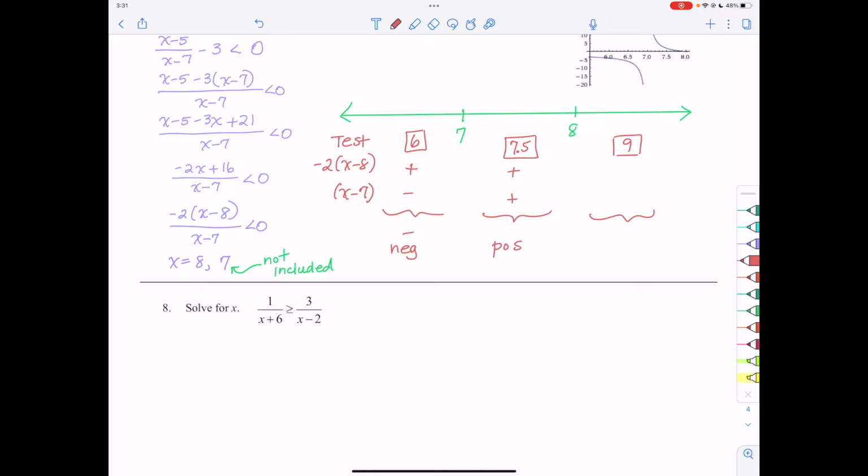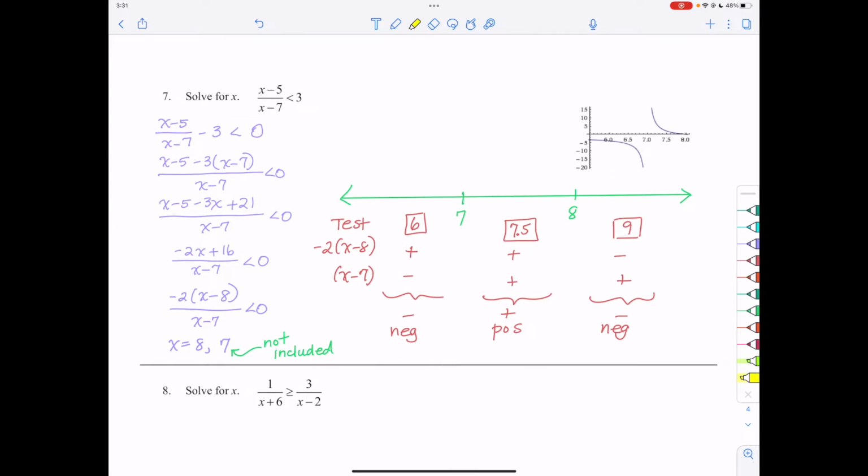And then let's plug 9 in there. Positive, but times a negative 2 is a negative. And a positive, and we have another negative. Okay, what were we looking for in the beginning? Less than. So we need these intervals where this is negative. And remember, we do not want to include 7. So 7 cannot be in our solution set since the function's undefined.